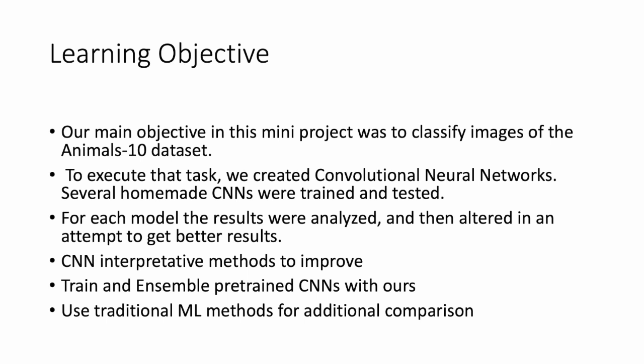From there, we used interpretive methods to help guide our decisions on how to improve those models. We additionally trained and ensembled pre-trained CNNs with our models and used traditional machine learning methods for another comparison.